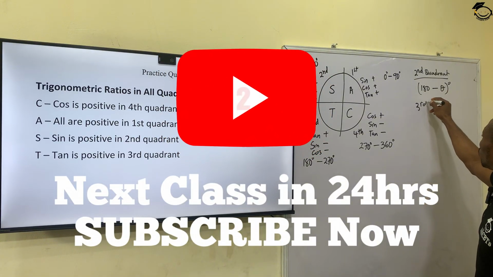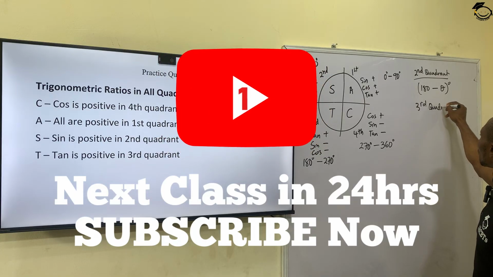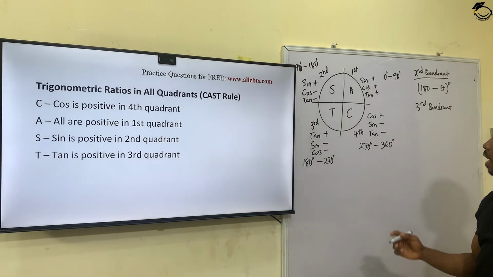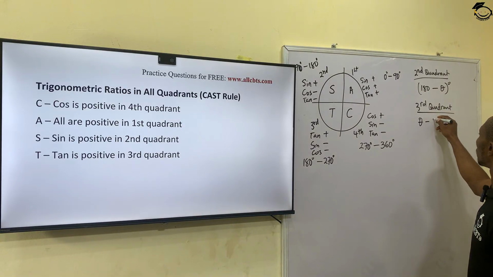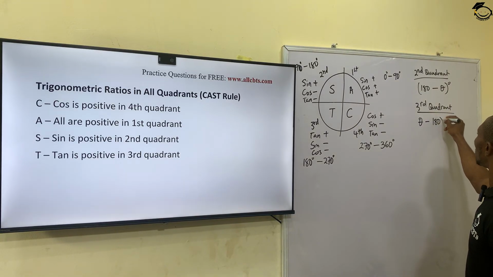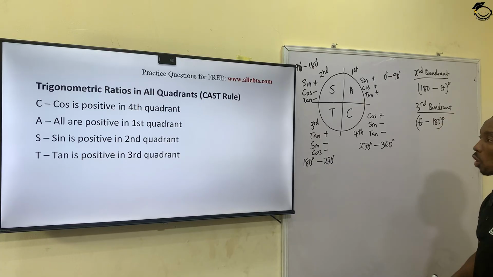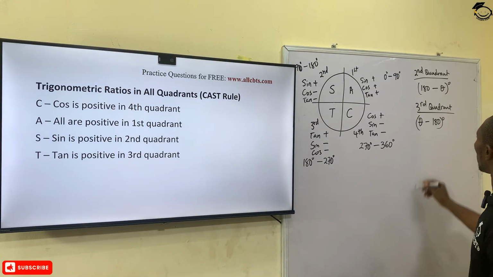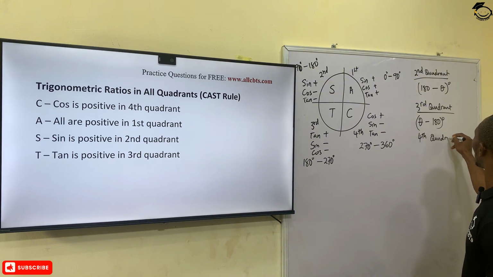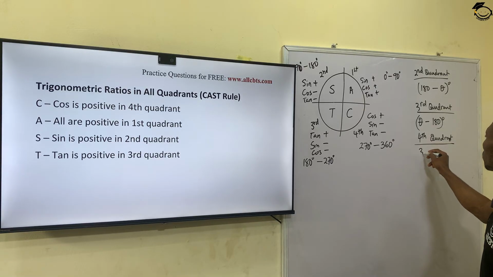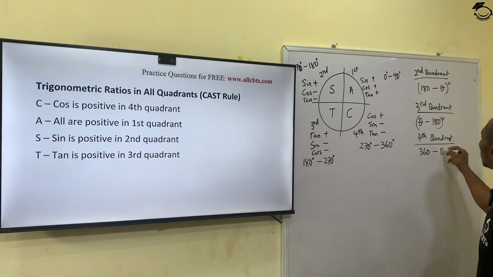In the third quadrant, for you to find your acute angle, you will do theta minus 180. And in the fourth quadrant, for you to find your acute angle, you will be doing 360 minus theta.